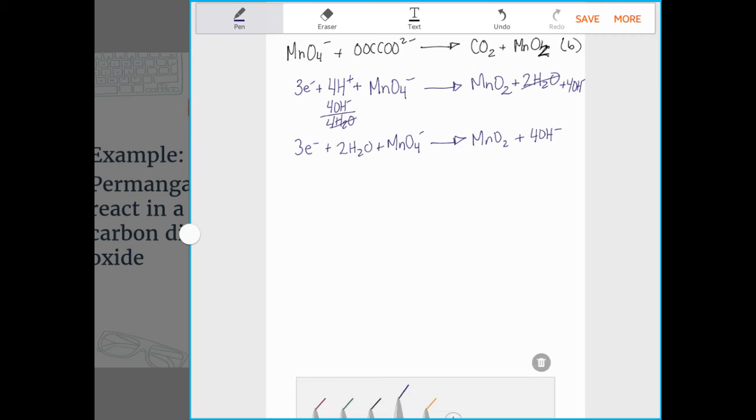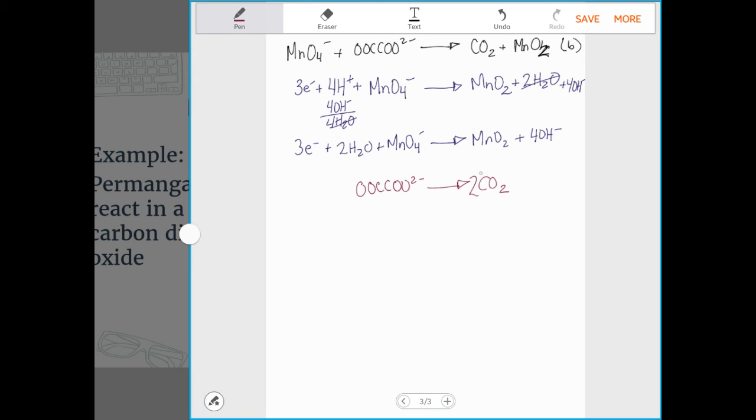Now my other half reaction, I'll choose a different color so you can see what's going on here. Essentially I have my oxalate ion forming carbon dioxide. Now again, there's 2 of these because I need to balance my carbons first.